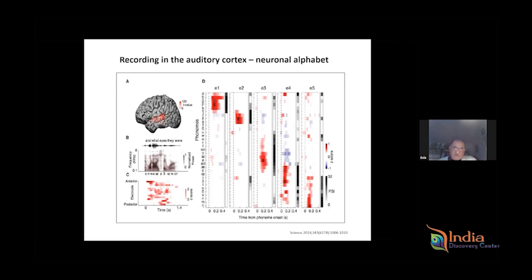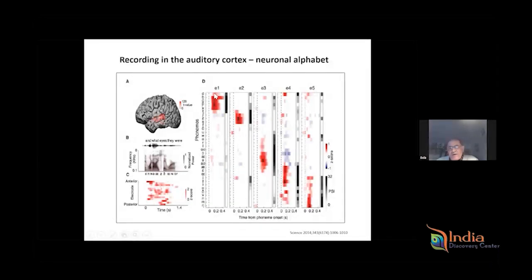So the neurosurgeon, who was interested in the sound and the speech construction, used this patient and did the experiment where they asked the patient to pronounce different phonemes, and then they recorded the underlying neuronal structure activity.